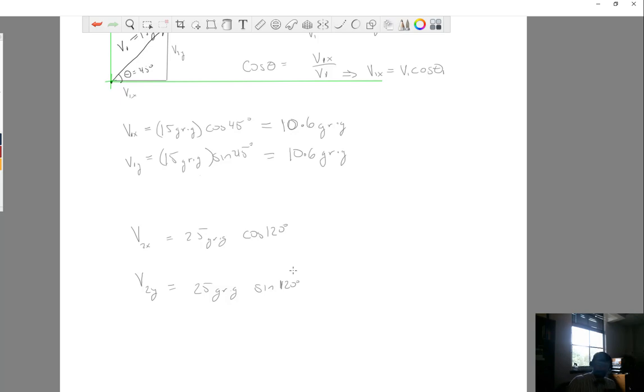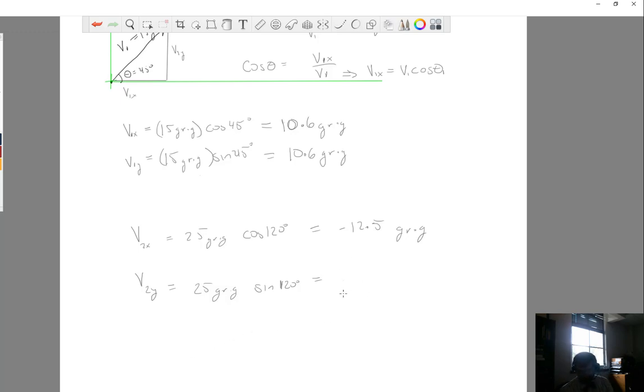When you plug in the cosine of 120, you should get a negative number. When you plug in the sine of 120, you should get a positive number. They won't be the same magnitude at this point. Cosine of 120 should give us negative a half, so you should end up with negative 12.5 for this one. And for this one, 25 times sine of 120 gives us 21.65.